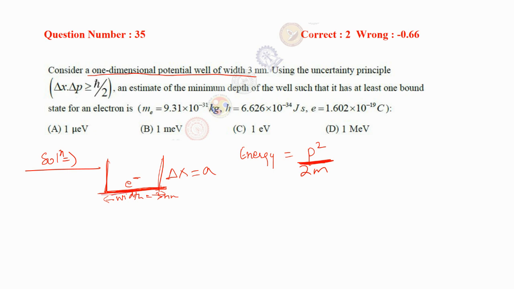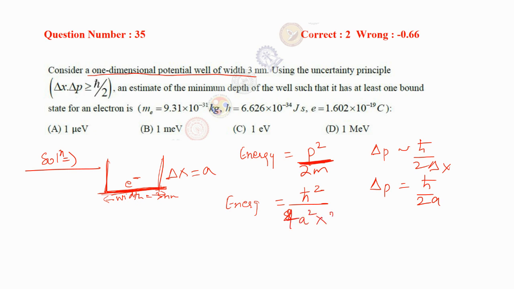So delta x, the uncertainty in the position, is itself a, and you know delta p is equal to h cross by 2 delta x. So delta p is equal to h cross upon 2a. Put the value of delta p here, then this will become h cross square upon 4a square 2m.